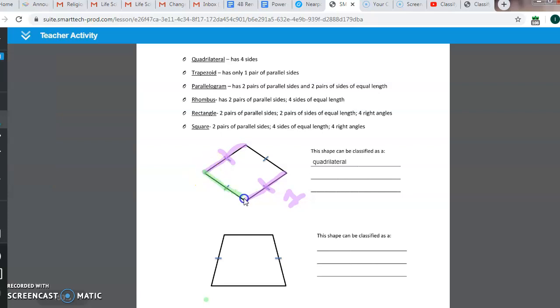This bottom left side has 1 tick, and this top right side has 1 tick. So together, those 2 form a second pair. Therefore, we do have 2 pairs of sides of equal length. Because both of these definitions are true for our shape, this shape could be classified as a parallelogram. Let's go ahead and write that down.